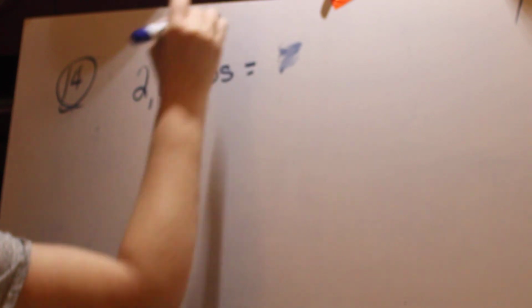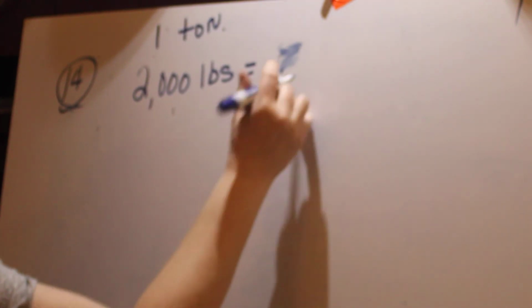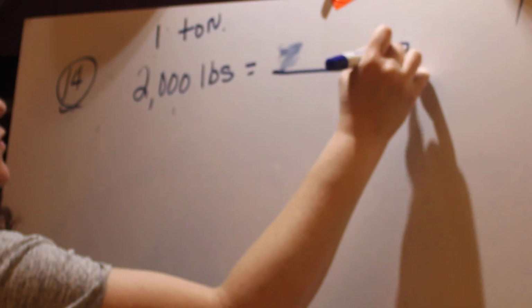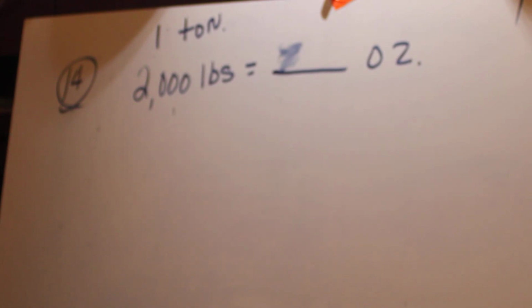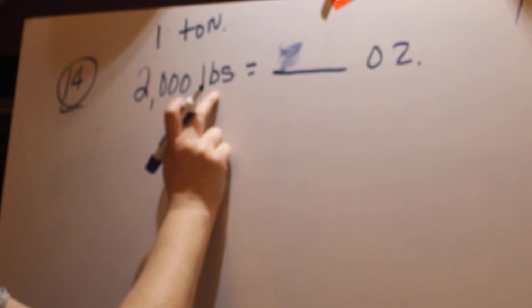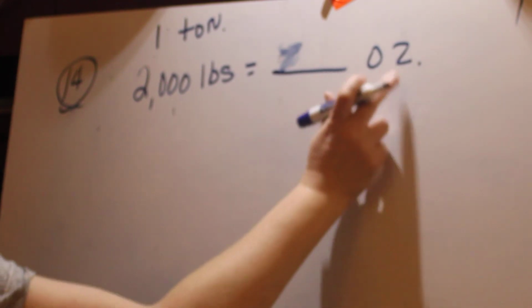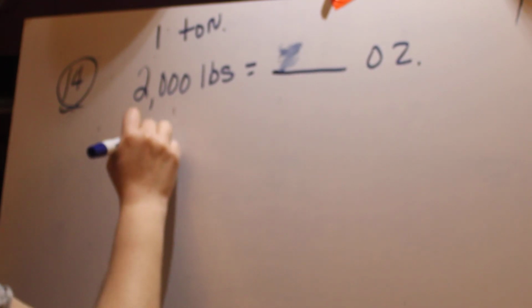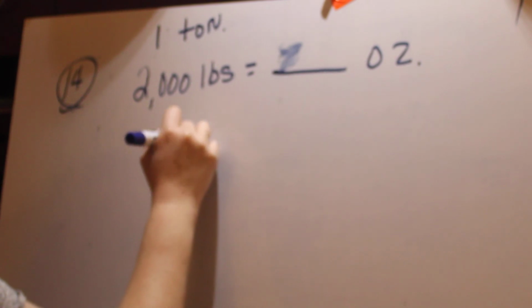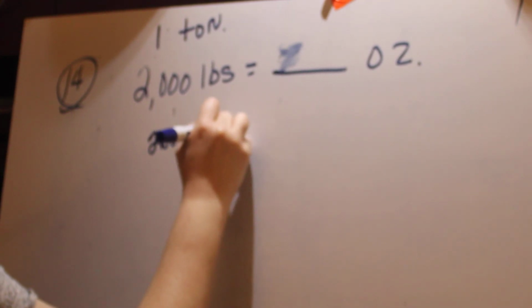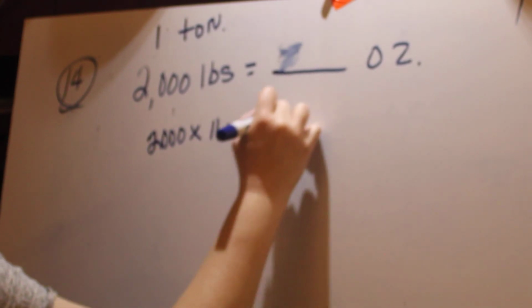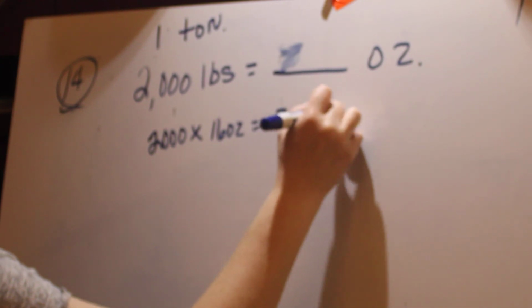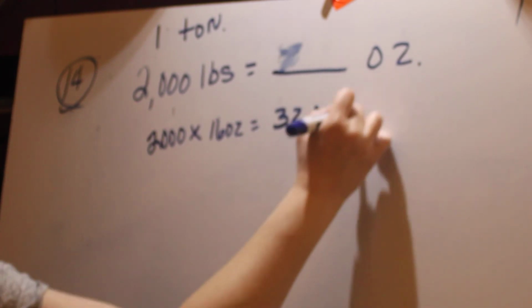So if I have 1 ton, 1 ton is 2,000 pounds, and they want to know how many ounces. I'm going from a larger unit of measure to a smaller unit of measure. So horse to fly, multiply. 2,000 times 16 ounces in a pound gives me 32,000 ounces.